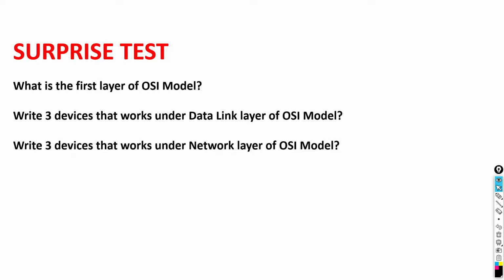Very good. Router works under the network layer. Other than router, which device works under the network layer? Layer 3 switch. Very good. Layer 3 switch also works under the network layer of the OSI model.